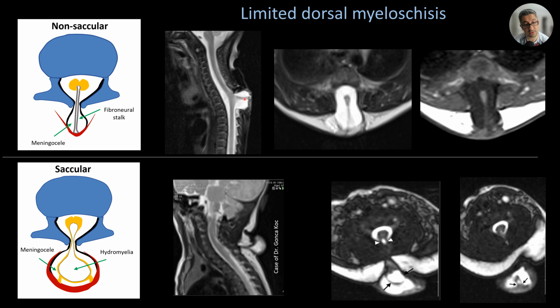There is some herniation of CSF, but not extending above the level of the skin. That's the stalk. And the stalk typically attaches to the skin lesion. It's covered with skin. The skin lesions are characteristic, as you can see here. In the saccular one, there is hydromyelia. There are two sacs, one sac, two sac, and typically attached to the skin lesion.